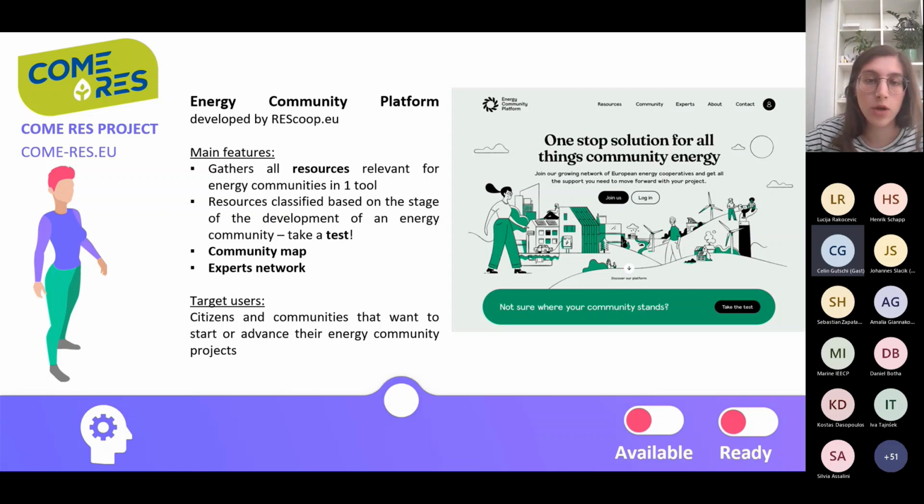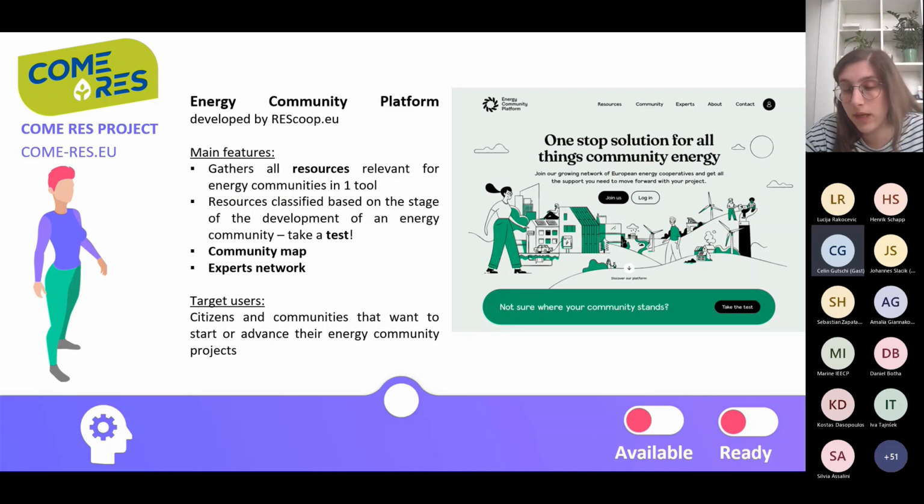So the tool will also have a community map, a map of Europe with a lot of initiatives and energy communities already existing. There will also be the possibility to reach these initiatives, access them and discuss with them. There will also be a network of experts in different topics, and people will have the possibility to send them a message and receive some advice on their project.